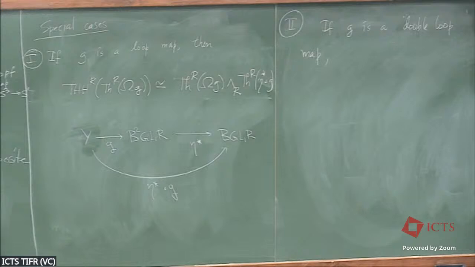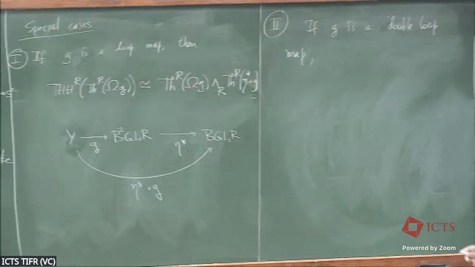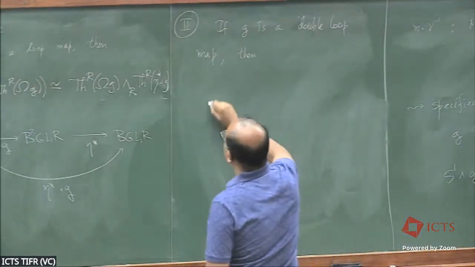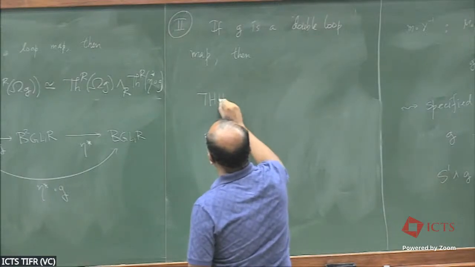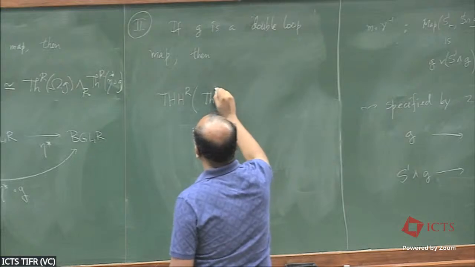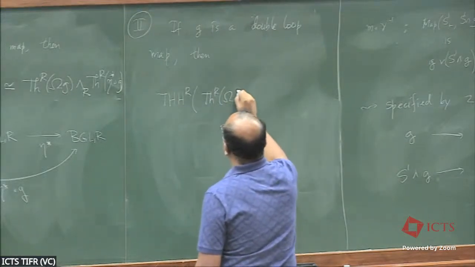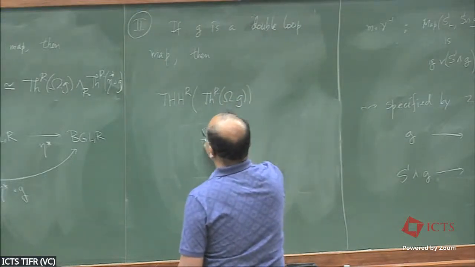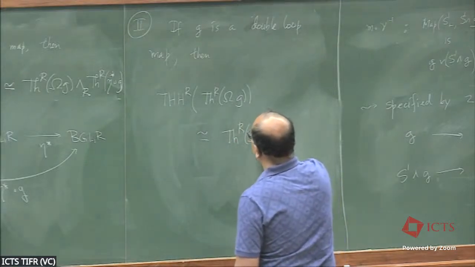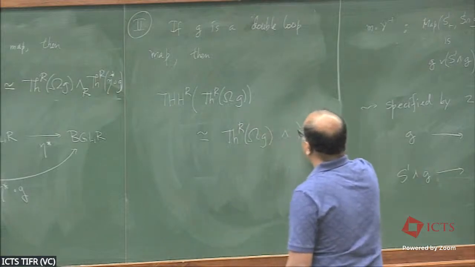Okay, the map defining the Thom spectrum is a triple loop map. Then, even simpler, THH of the Thom spectrum of omega G is equivalent to the Thom spectrum of omega G smash Y plus.